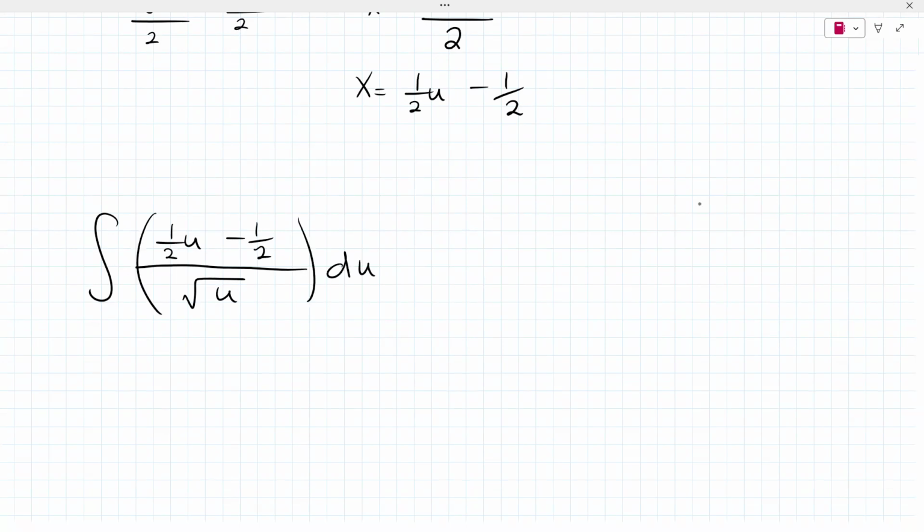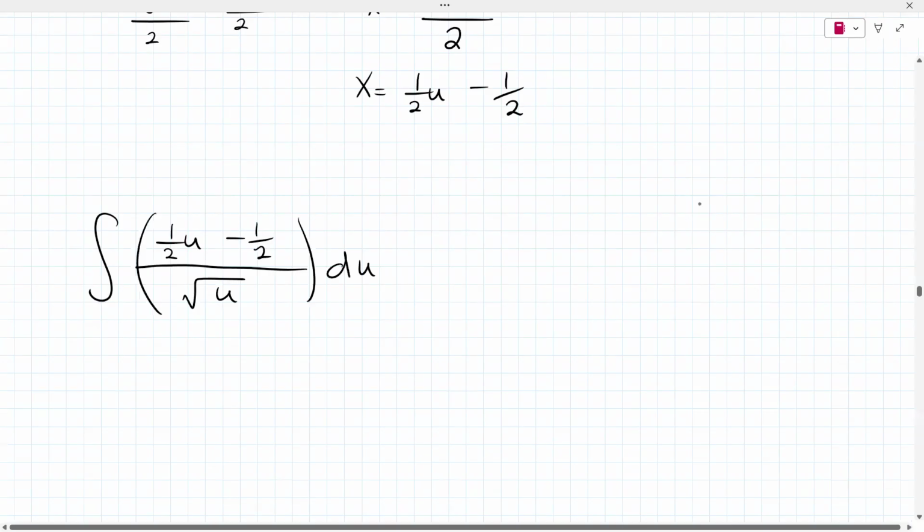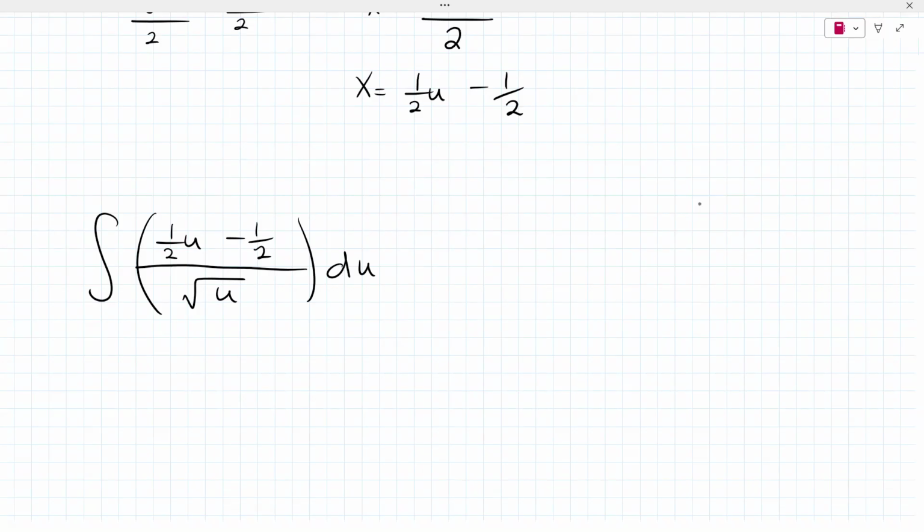And I'm going to change my boundaries because I don't want to use 0 and 4. But before I do this, on the top you have a 1/2. So if I factor out a 1/2, this would be u minus 1.